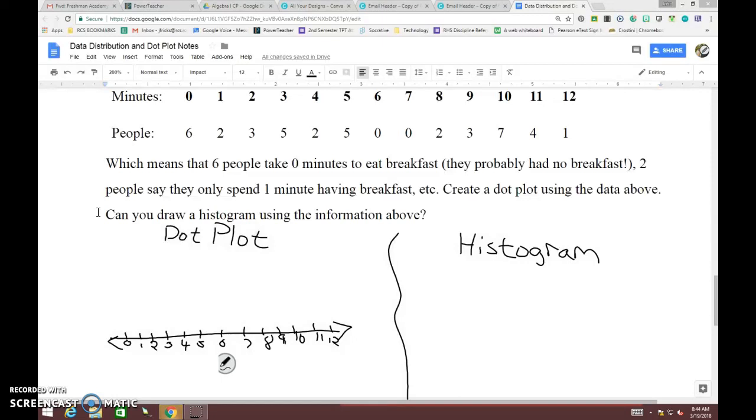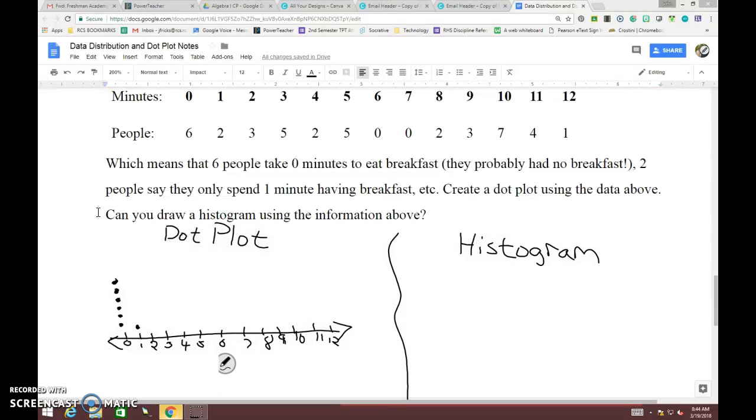All right, so once we got those labeled, all we're going to do next is just put dots for the number of people. It's a dot plot. So at 0 minutes, we had 6 people. So at 0, we're going to put 1 dot, 2 dots, 3 dots, 4 dots, 5 dots, 6 dots. For 1 minute, we're going to put 2 people.